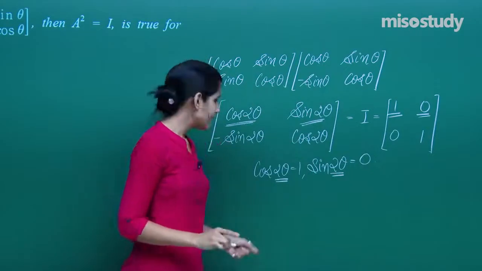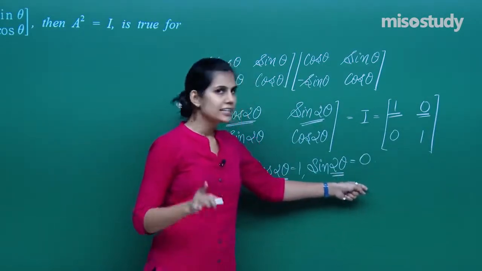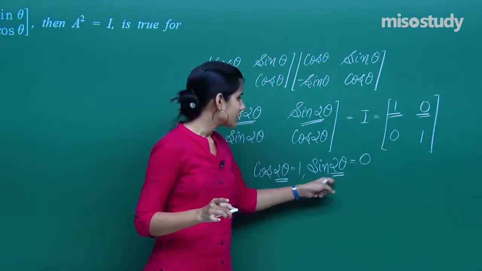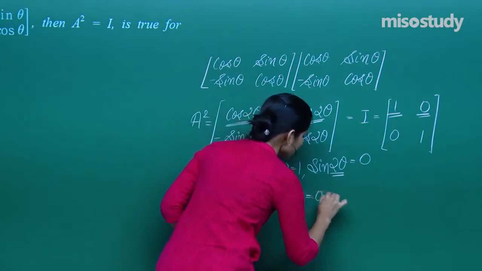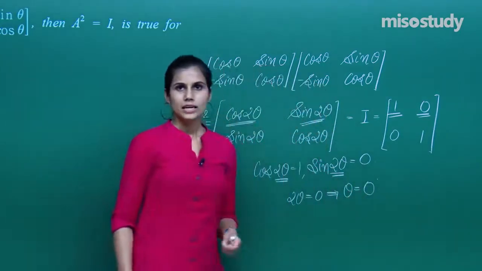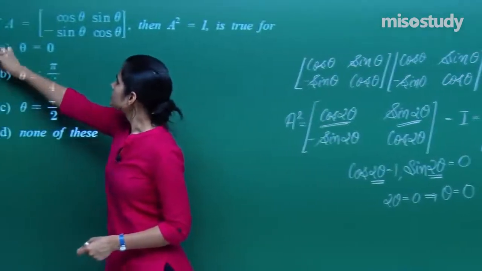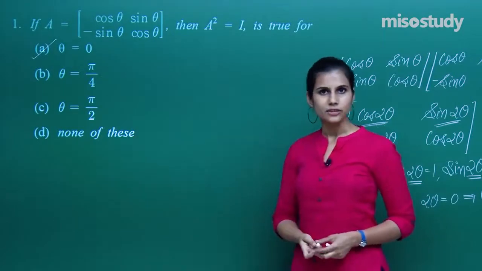That same angle at which cos is 1 but sin is 0. You know that angle is only one angle, which is 0, because sin 0 is 0 and cos 0 is 1. So you get 2 theta is 0, which is theta is 0 degrees. It is for theta equals 0 that this matrix A, when you square, you get identity matrix.